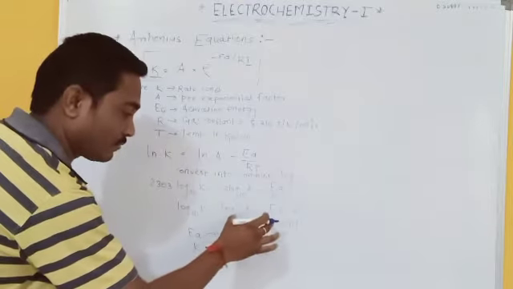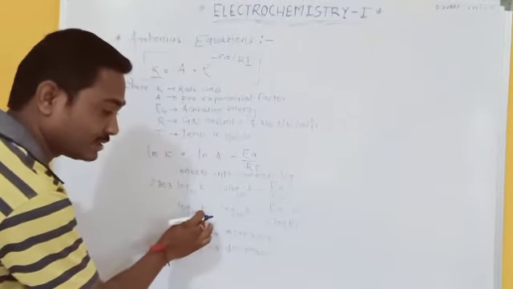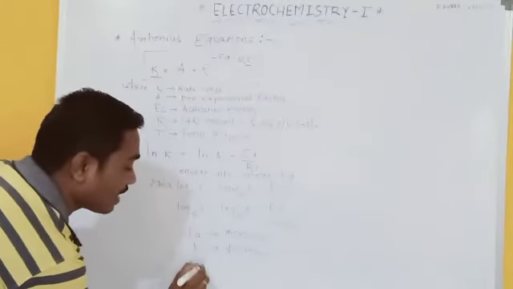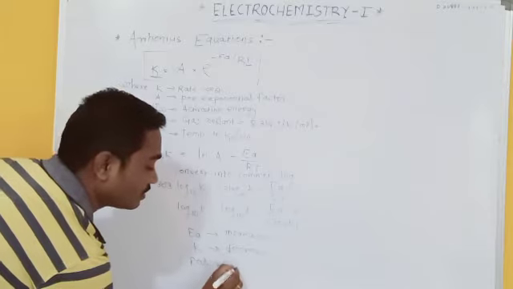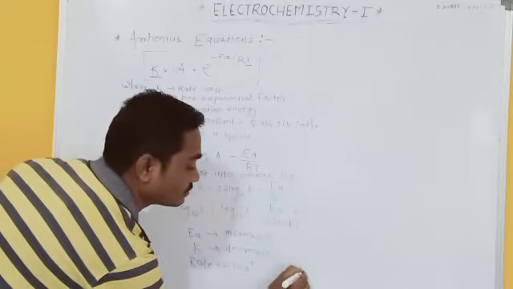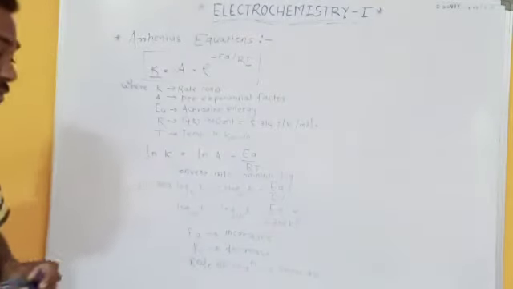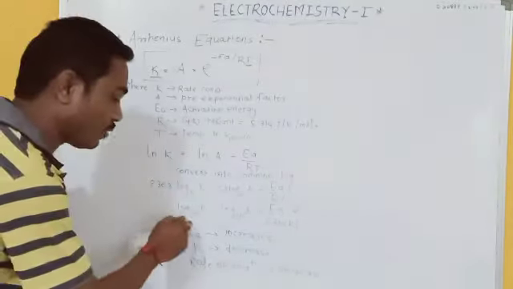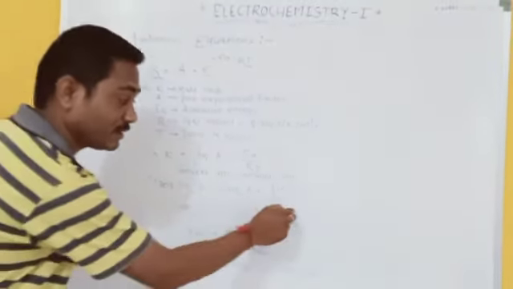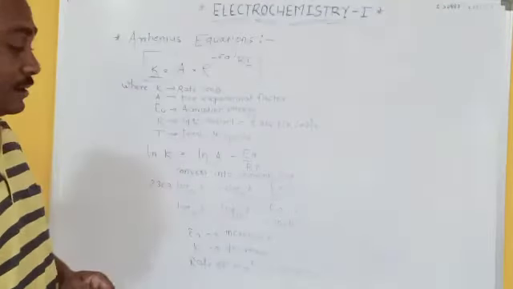Therefore, from the above equation, it is clear that the value of K decreases. When the value of rate constant decreases, the rate of reaction also decreases. EA increases, K decreases, therefore the rate of reaction also decreases.